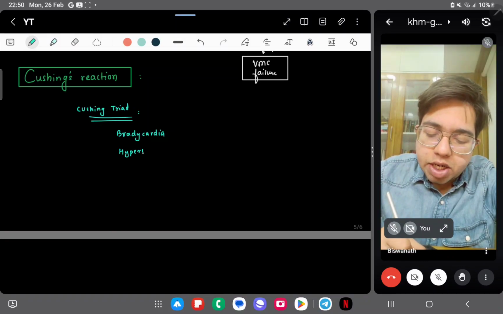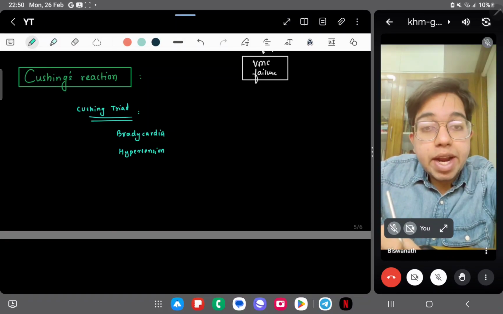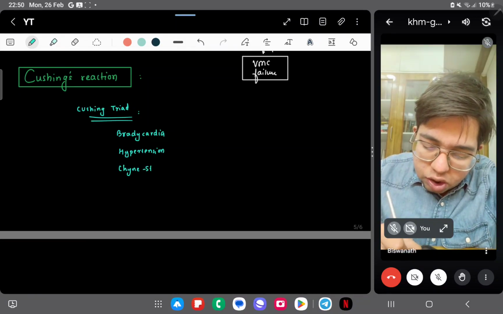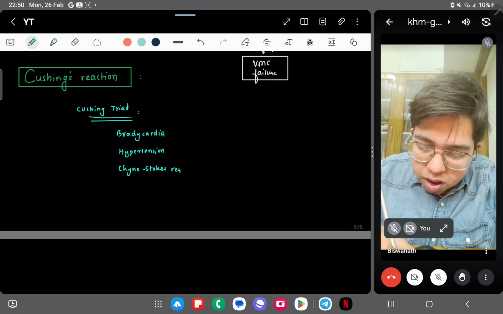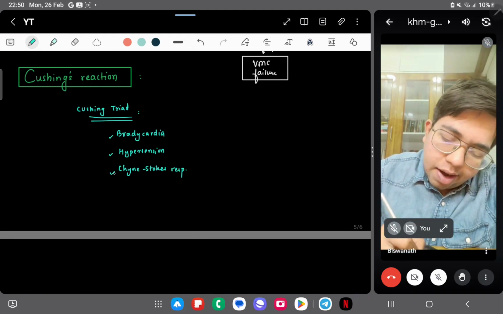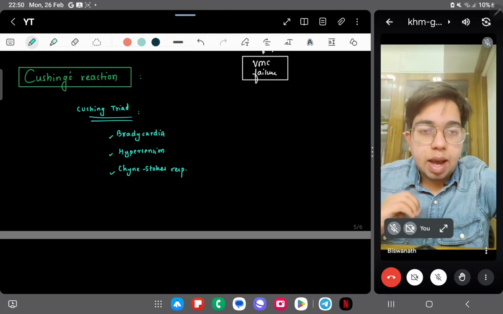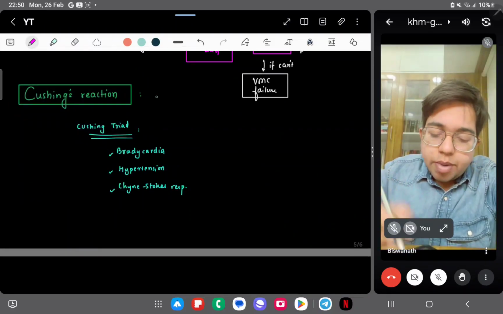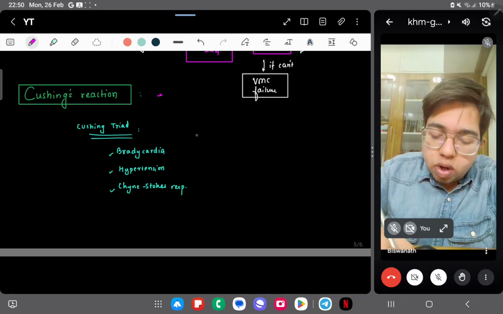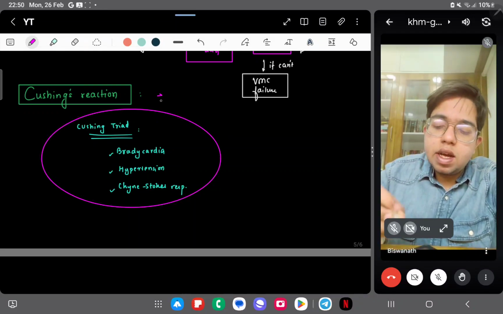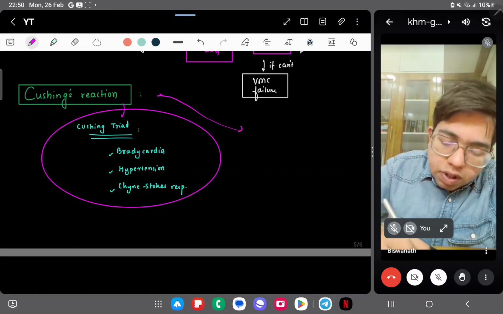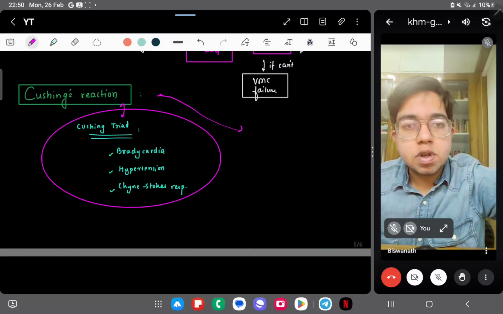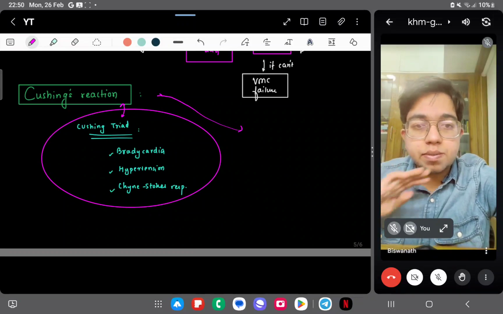And we have hypertension, and Cheyne-Stokes respiration. This is a Cushing triad. If this all happens, we have the Cushing triad. This is not much important at your level, but Cushing reaction is important. Don't confuse this triad with the reaction. Please don't confuse. Yeah, these are all separate things.